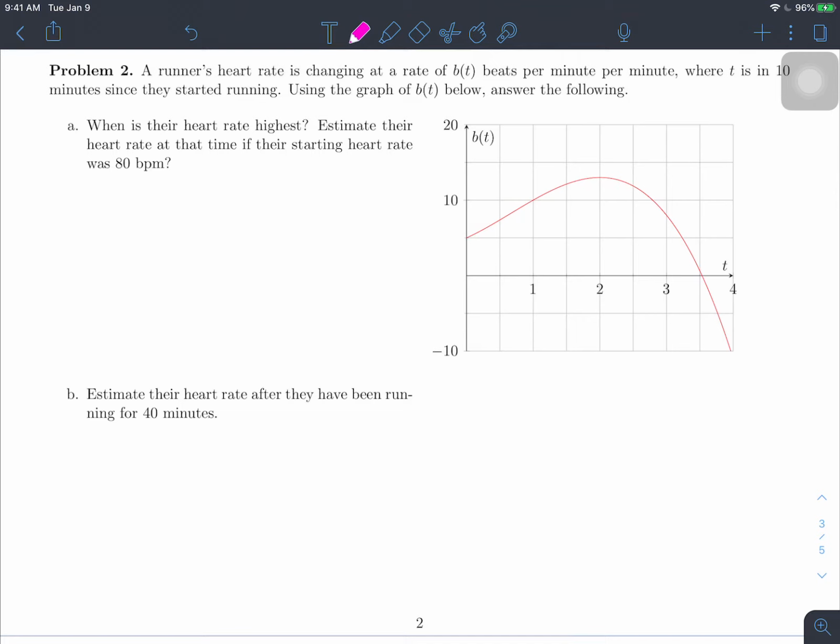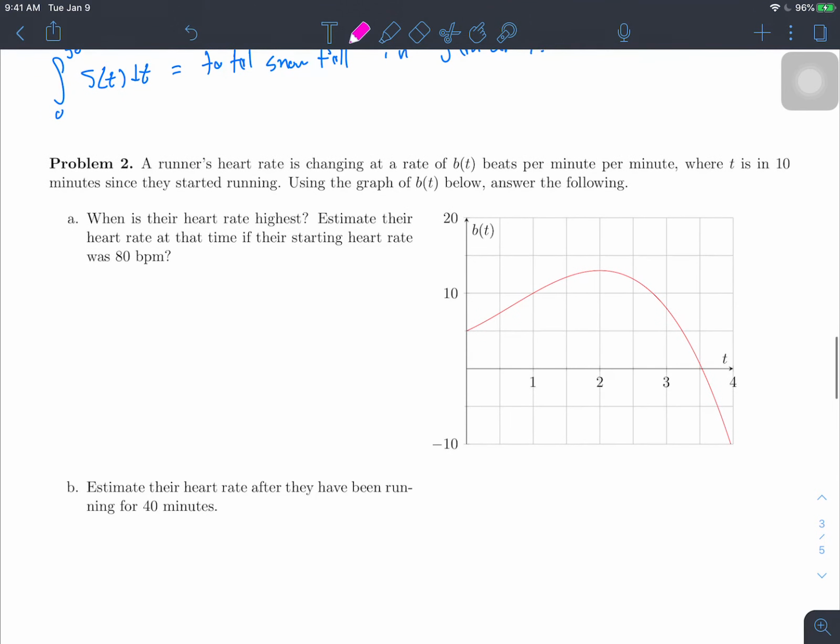A runner's heart rate is changing at a rate of b of t beats per minute per minute. So b of t is measured in beats per minute per minute.